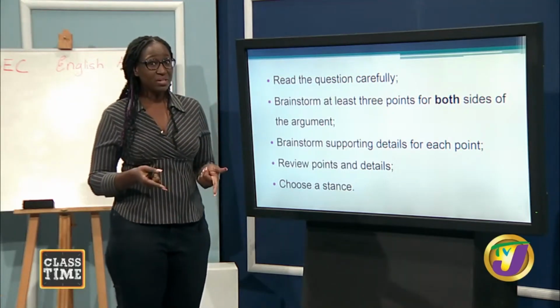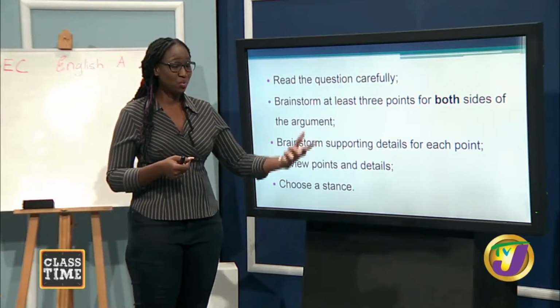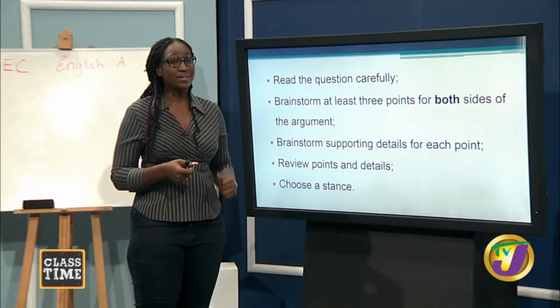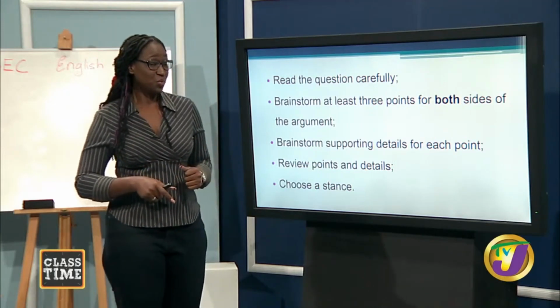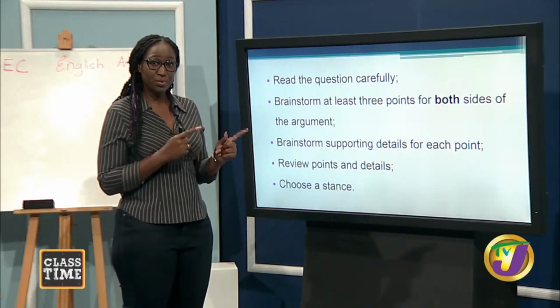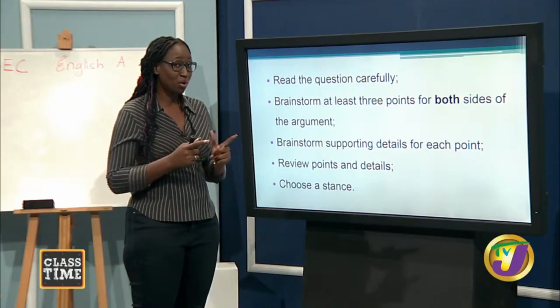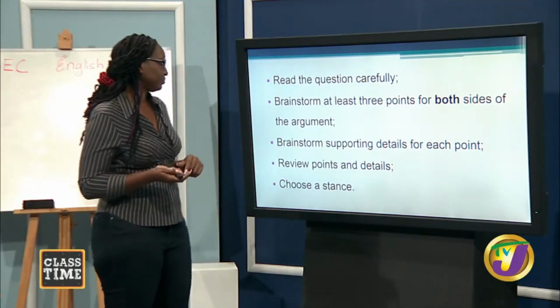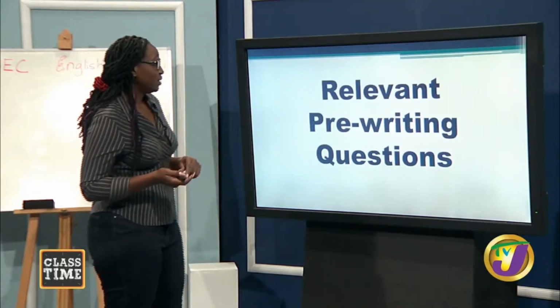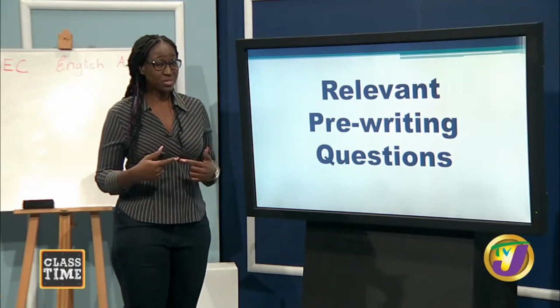So your audience must know, is this person trying to convince me to go with this side, or is this person trying to convince me to go against this side? So even if you're going to bring in both sides of the story, one side must be the obviously stronger side. So these are some questions you would need to ask yourself before you start writing.